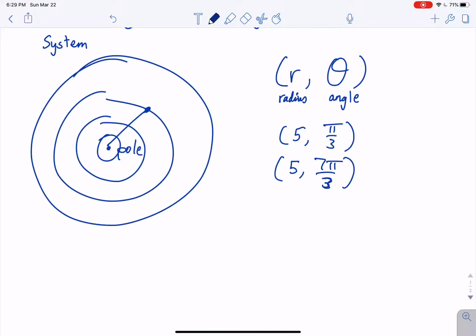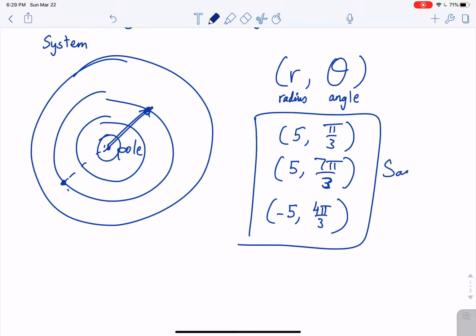I could also go in a negative direction on the radius. So instead of 5, pi over 3, I could say negative 5, and then go, so pi over 3, 2 pi over 3, pi, 4 pi over 3, going this way, right? That's 4 pi over 3. But if I go in the negative direction, I'll be going backwards on myself. I'll end up at this point as well. So all of these are the same point.